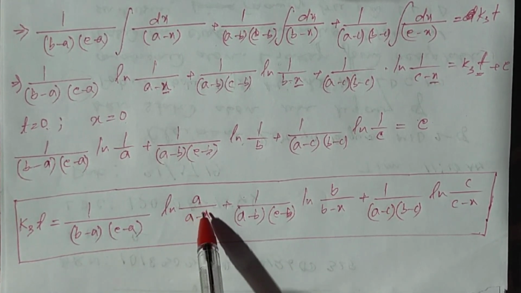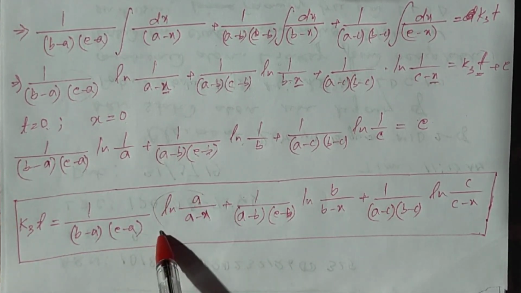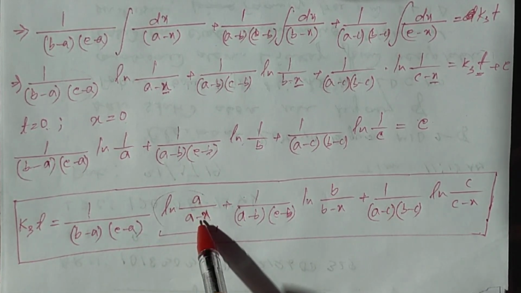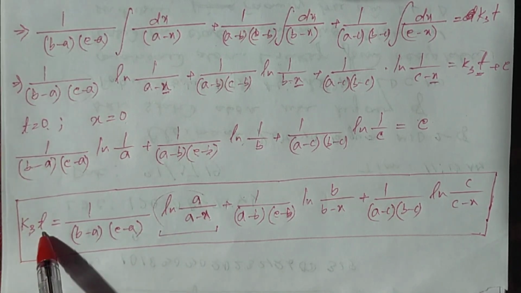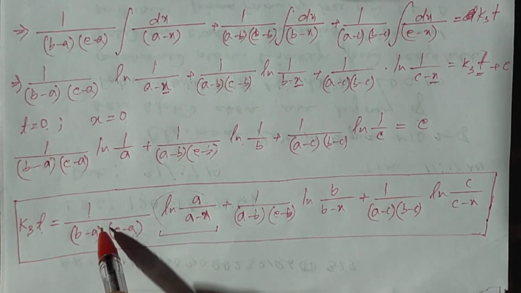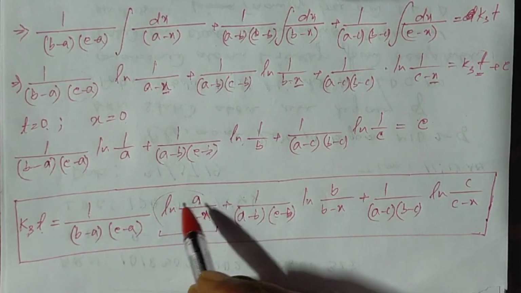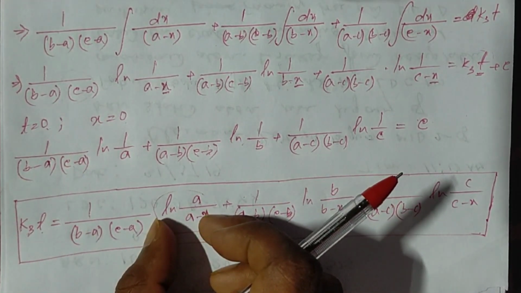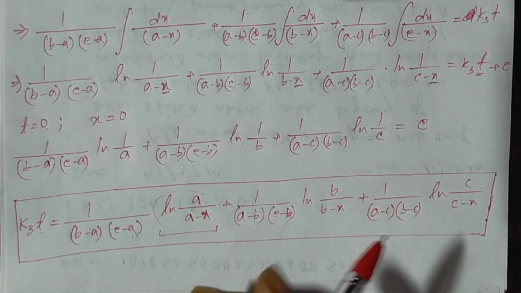You can see that this part, ln A by (A minus x), is similar to the first order reaction, in which kt is equal to ln A by (A minus x). So this part is similar to the first order reaction.